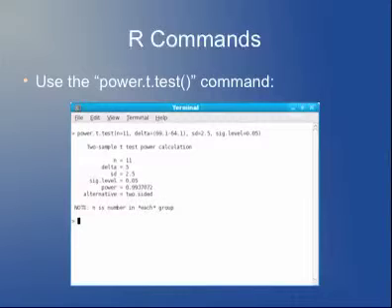First of all, the sample size n. Second is delta, which is the true difference in the means. Third is the standard deviation. In this case, it's assumed to be the same in both groups. The fourth is the significance level. Like I say, in practice, you'll almost always use 0.05, and I believe that's the default in R. The fifth parameter that I don't specify here is the power.